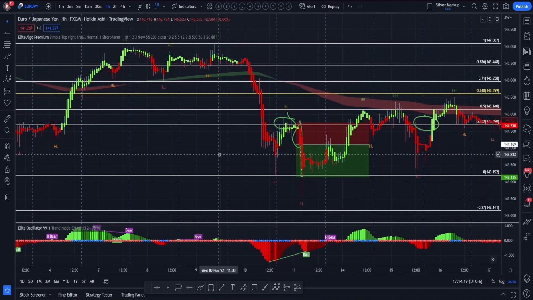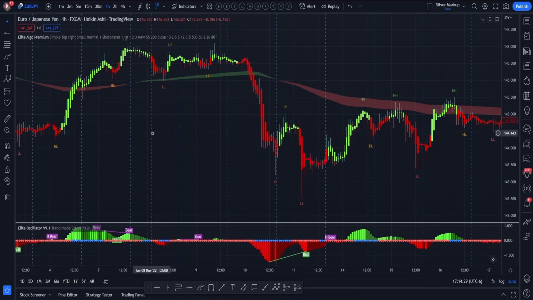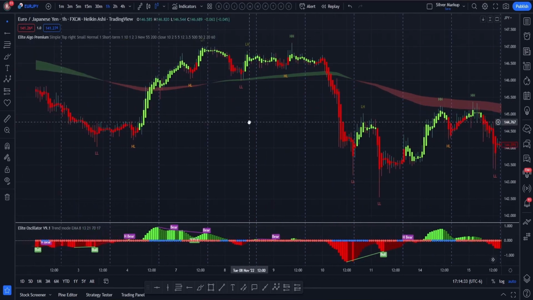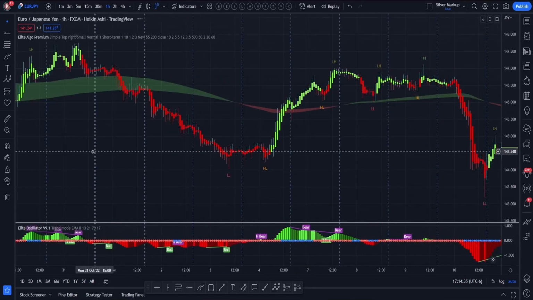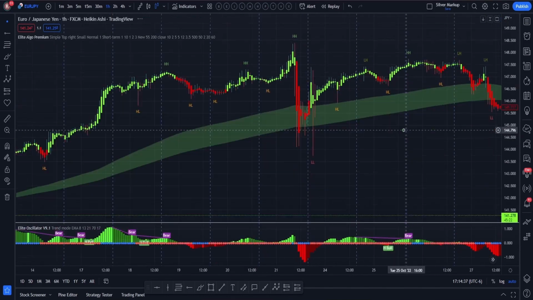And I went a little bit fast to go over the entire concept. We're going to break it down and we'll do one more example so you'll have an easy depiction of what to do. So we're going to go for the uptrend.